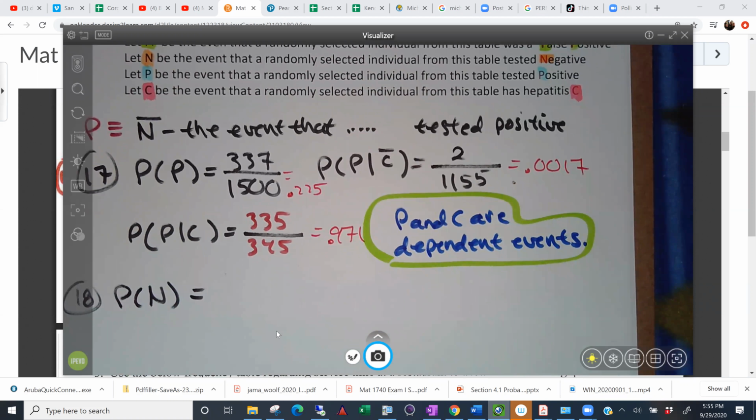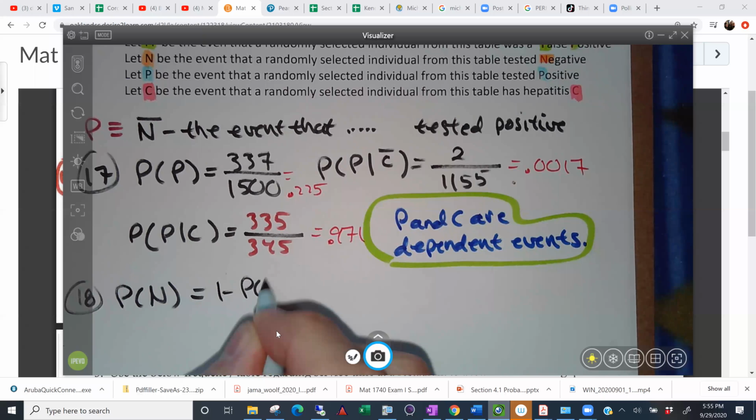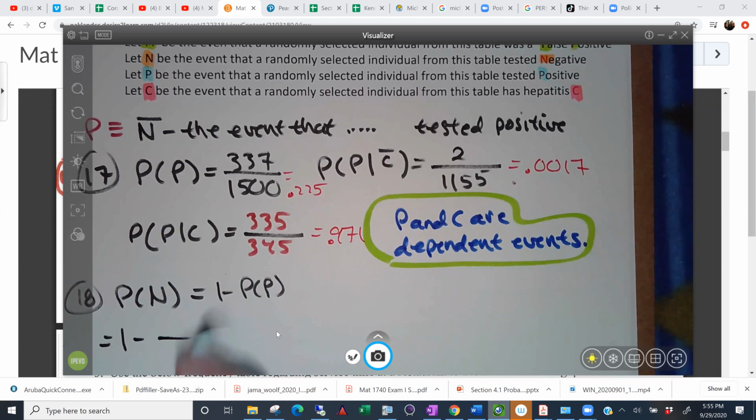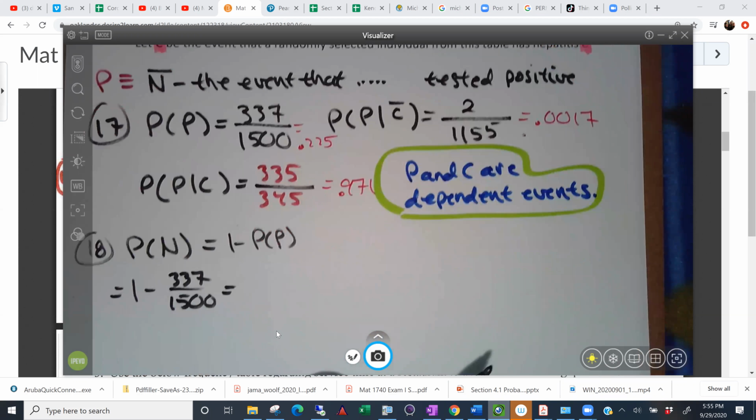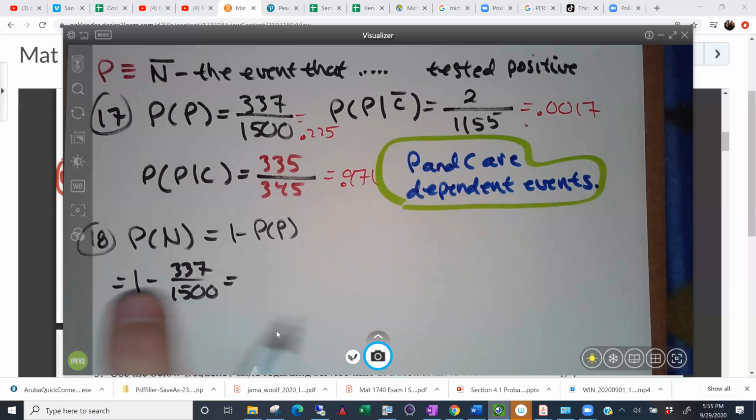And there's a couple ways you can do this. You can do 1 minus the probability of a positive test. There's nothing wrong with that. That'd be 1 minus this probability that we already calculated, 337 over 1500. And then I can get a common denominator here.